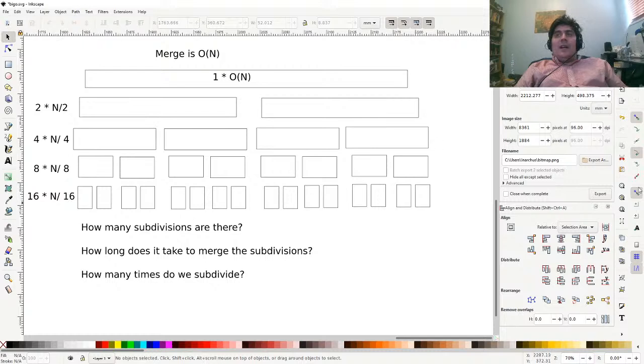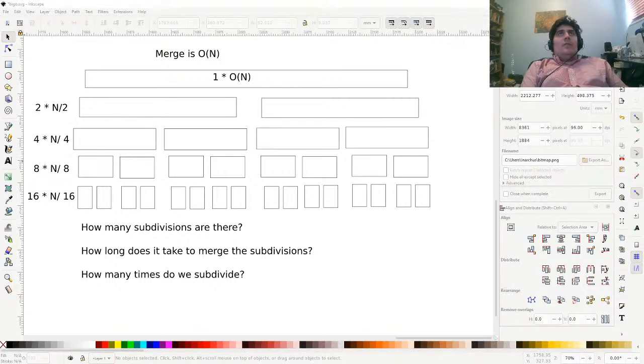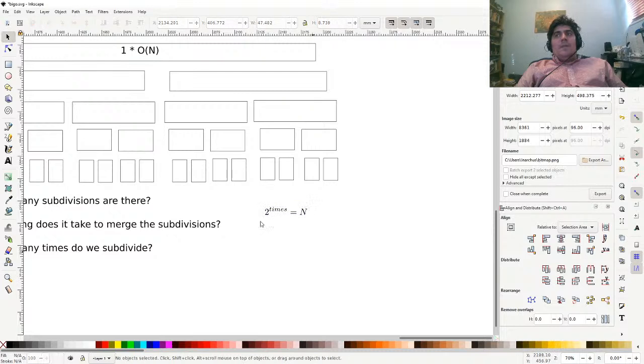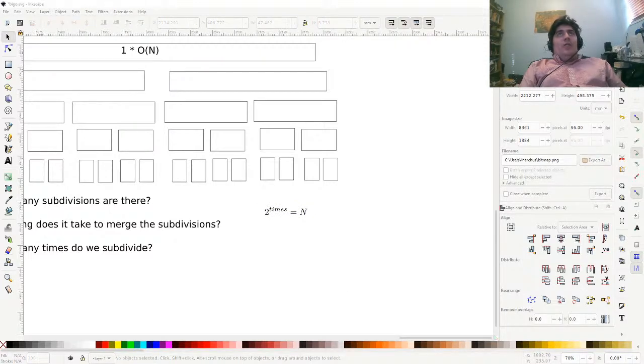But how many times do we subdivide, right? And so remember that we're subdividing in half each time. So if you divide something in half each time, then what you're eventually going to get is some equation like this. You're going to get 2 to the number of times is going to be equal to the list size n. And so in order to solve that equation, 2 to the number of times is equal to n, you need to take the log base 2 of both sides, and get something about like this.